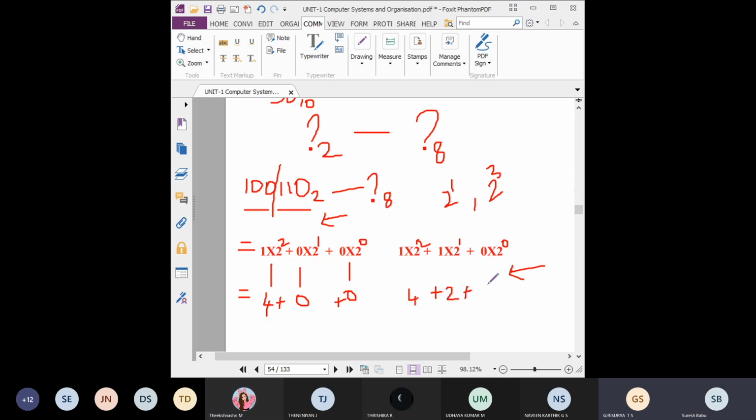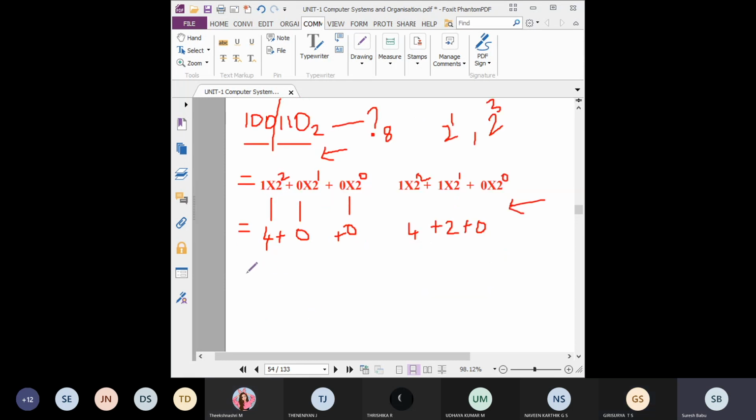Then the next one, 0 into anything is 0. That's all. So now you are getting two different numbers. First you add these 3 numbers, then you add these 3 numbers. So what is the answer? 4, 6. So 46 base 8 is the answer. Students, understood?